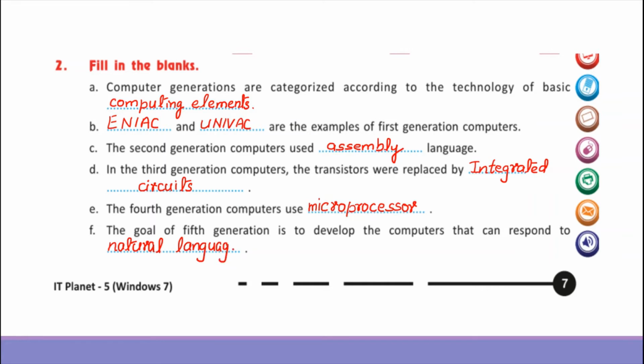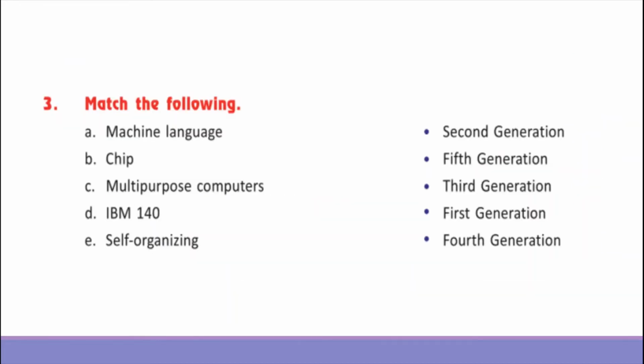With this, we have completed exercise 2, fill in the blanks. Now let's move to exercise 3, match the following. Here in one column, you have given the hint for the generation, and in the next column, you have given the generation. We have to match them correctly.